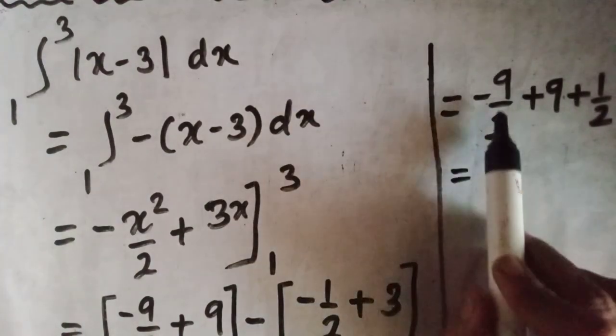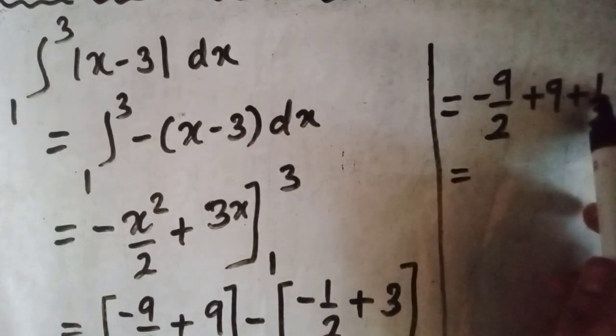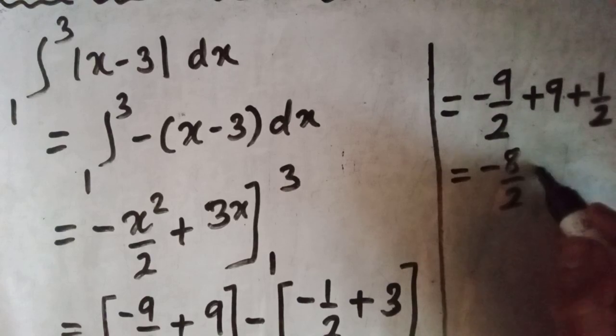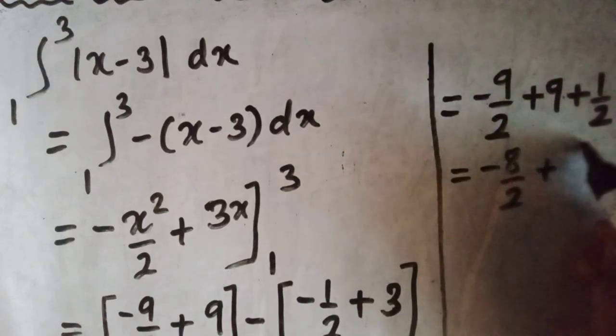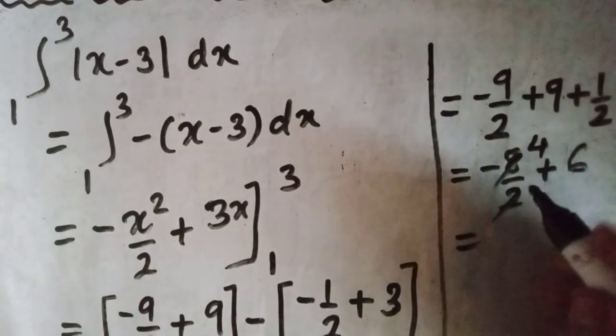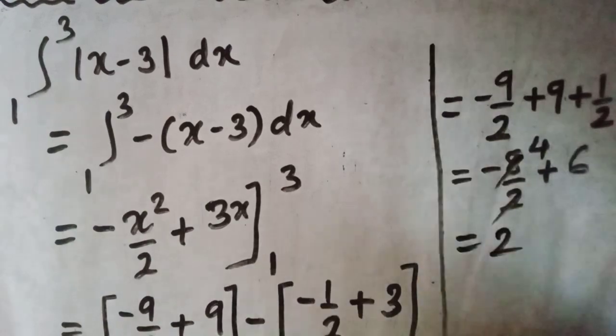So minus 9 by 2 and plus 1 by 2, it will be minus 9 plus 1, so minus 8 by 2, plus 9 minus 3 is 6, so this will be 4, so 6 minus 4 is 2. Okay, so 2 is the answer.